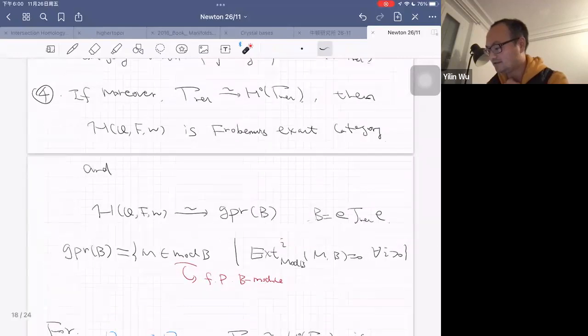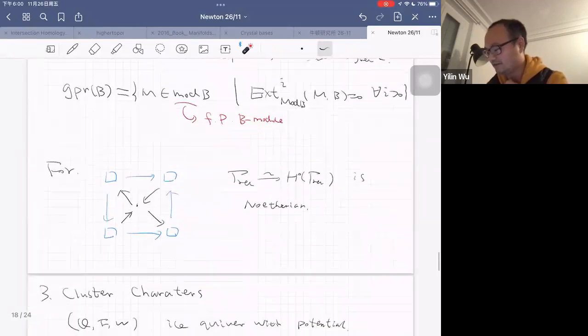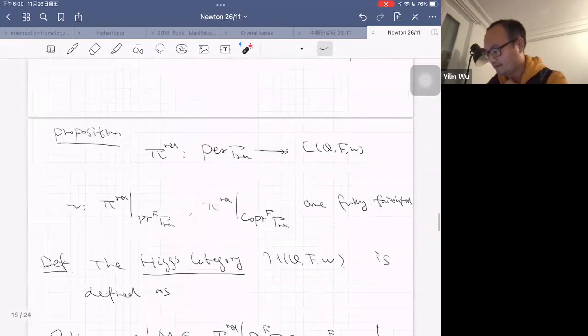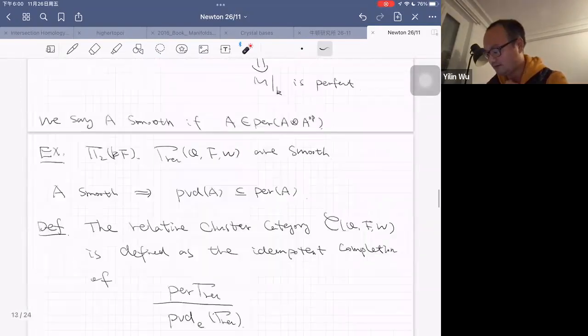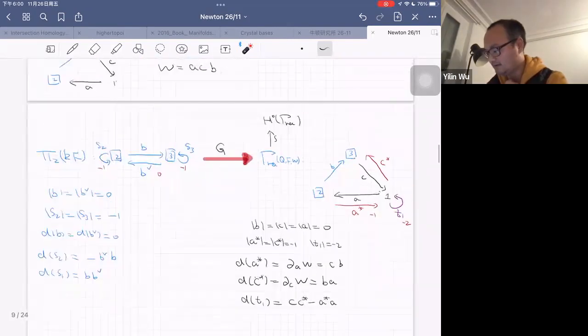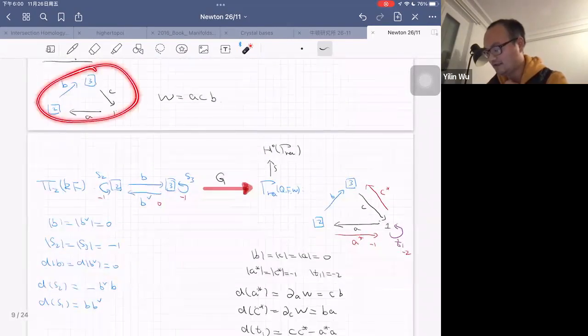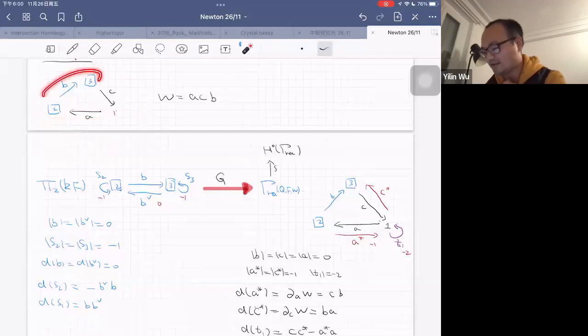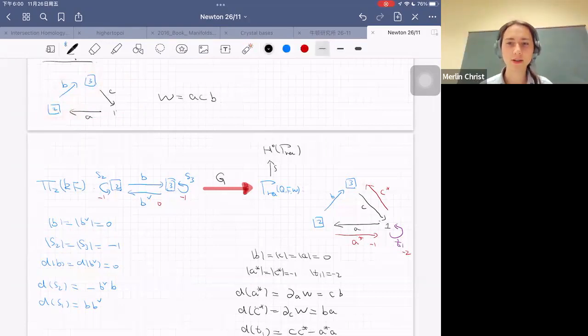For example, in this case, the Higgs category is just the module over the preprojective algebra of the A2 quiver. So the stable category is 2-Calabi-Yau. So there will always be an associated stable category, and this will be 2-Calabi-Yau.